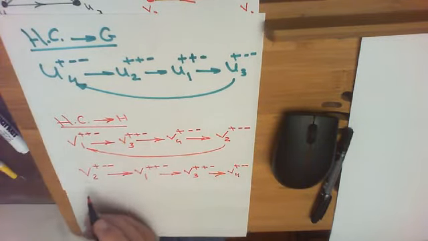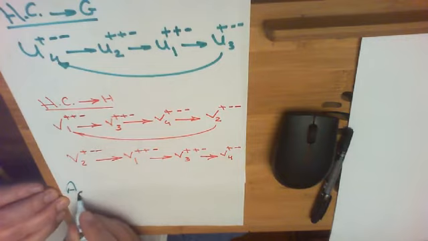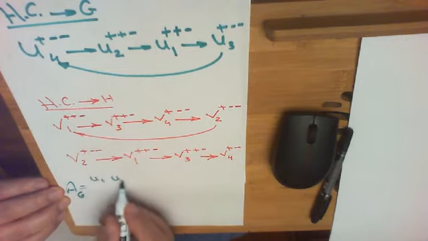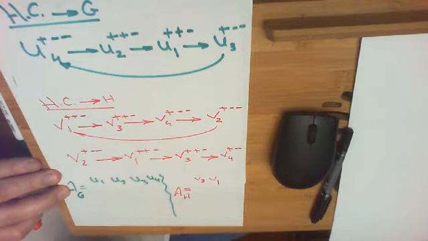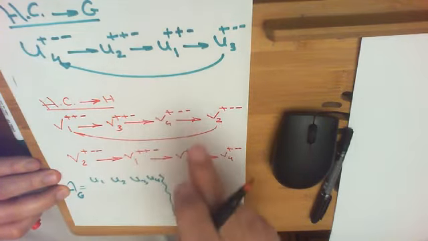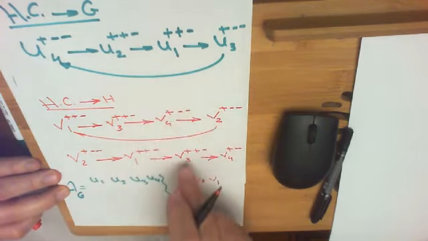And if you want to construct the adjacency matrix for graph G, A of G, and you write U1, U2, U3, U4, the adjacency matrix for H must be U1, as we said, will be equal to V3, so V3, U2 corresponding to V1, okay, U1, V3, U2, V1, U3, V4, and U4, V2.